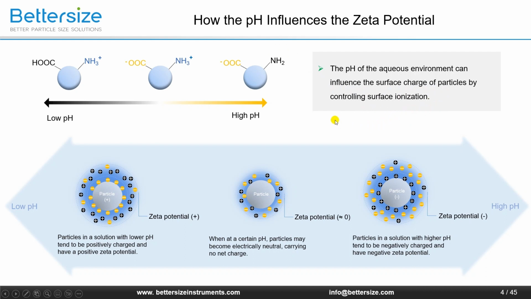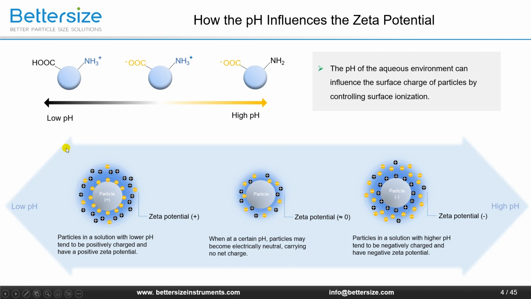For example, the amino group is protonated and becomes positively charged in an acid solution within a low pH range, but carries no charge when the pH becomes high enough. The carboxyl group is negatively charged in a base solution within a high pH range, but carries no charge when the pH becomes low enough.